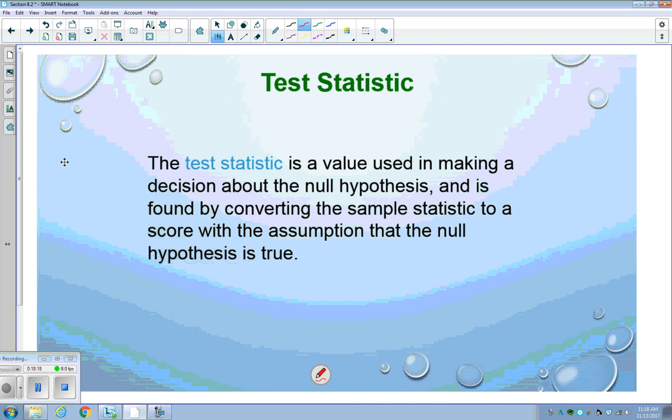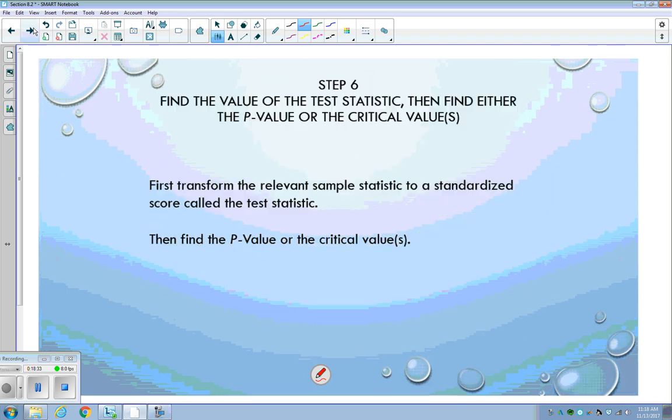Okay, the test statistic is a value used in making that decision about the null hypothesis. Is it in a critical region? Is it not in a critical region? We've got to find the Z scores that are associated with it. Step 6.